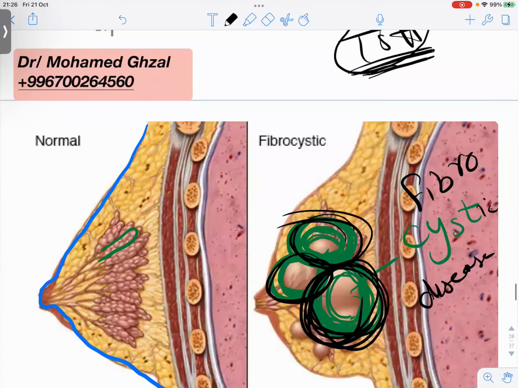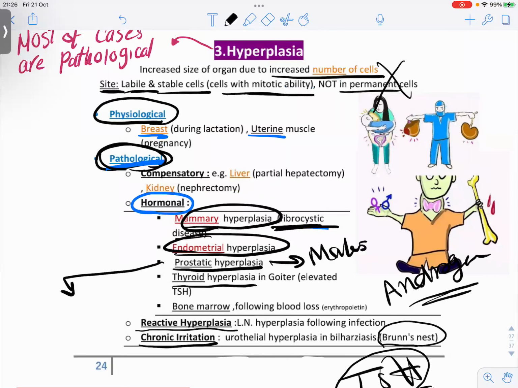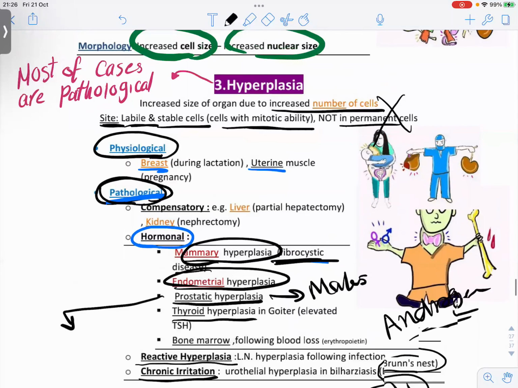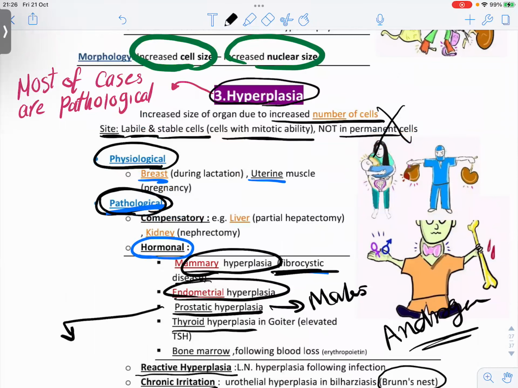And so here is pathological hyperplasia. Let's start from the beginning. Hyperplasia, we said, is an increase in the number of cells. It can occur in labile cells and stable cells, which have the ability to divide, but never in permanent cells, because permanent cells don't have the ability to divide.